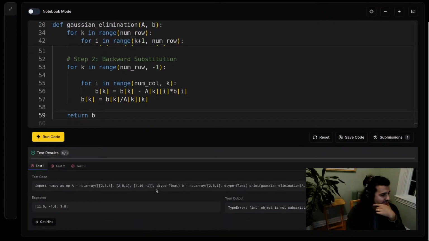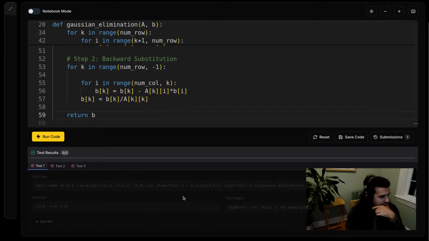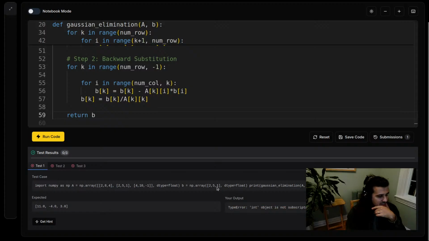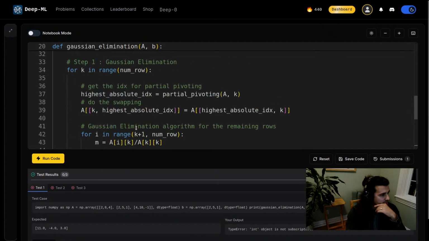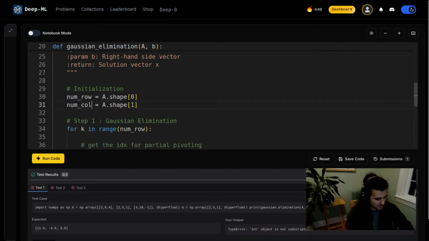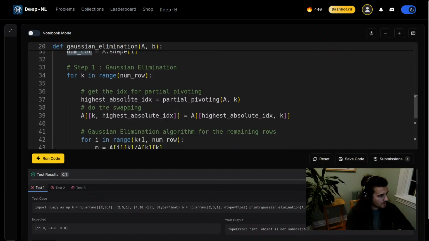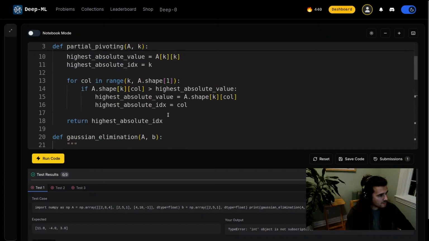For sure we're gonna hit a bunch of syntax errors. So we have int object is not subscriptable. Okay, I made some error somewhere. For k num row, there's an int somewhere that I messed up. Okay, this is good.